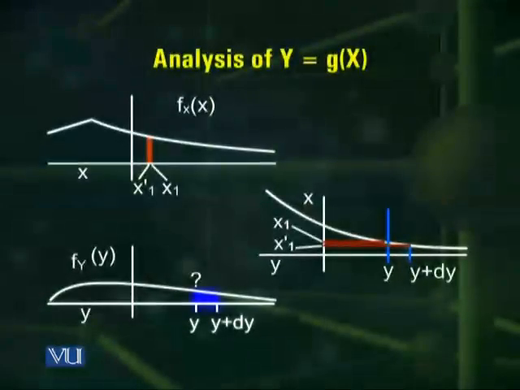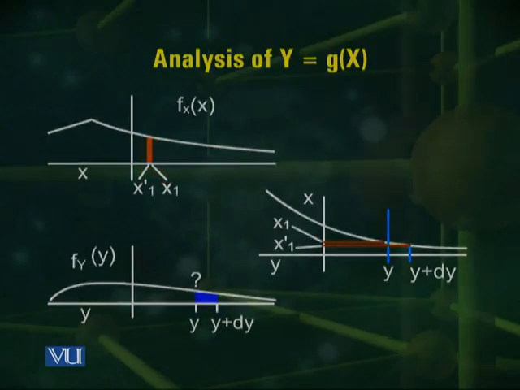By equating the probabilities of two equivalent events, one shown in blue on random variable y and the other shown in red for random variable x, we can find the relationship between PDF of x and PDF of y.